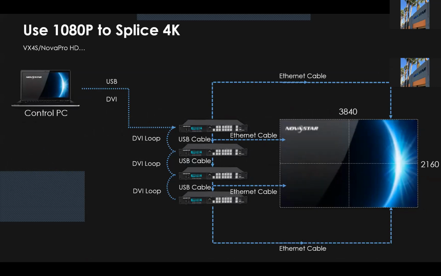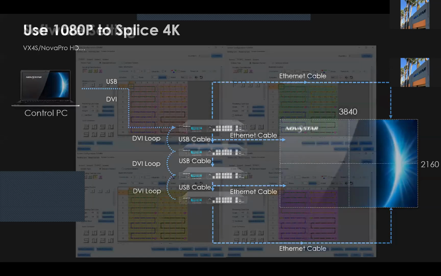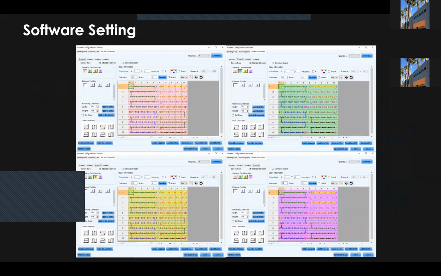All the things are the same. I mean, the basic structure is the same as the pure sending card. The only difference is this part doesn't have the 4K video processor. And still we need to do the software settings.